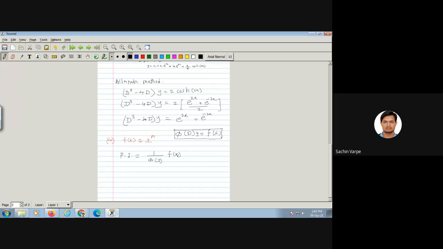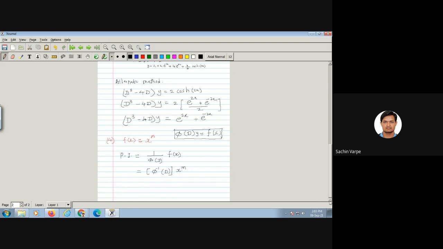So 1 upon phi of d f of x, isn't it? And when I replace fx by the right hand side function, so what I'll be getting here. So I'm going to write this phi of d, 1 upon phi of d, as an inverse differential operator. So I can write it as a phi inverse of d onto f of x, and that is x raised to m.